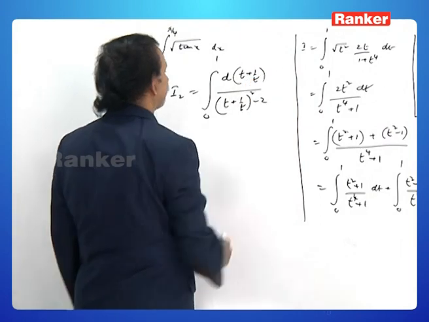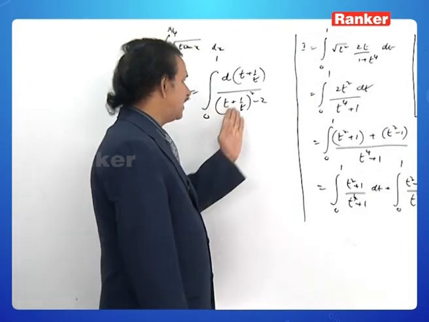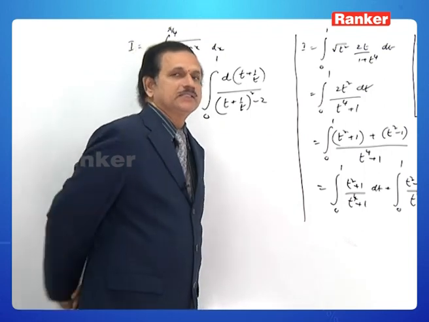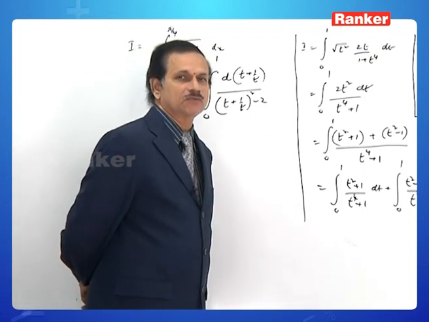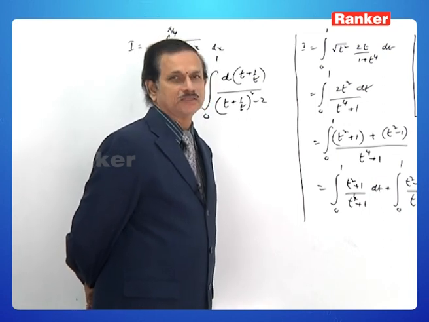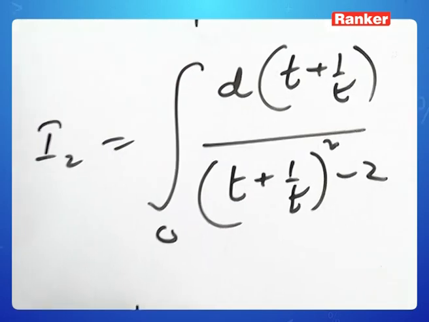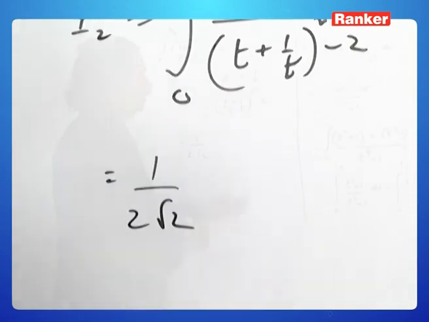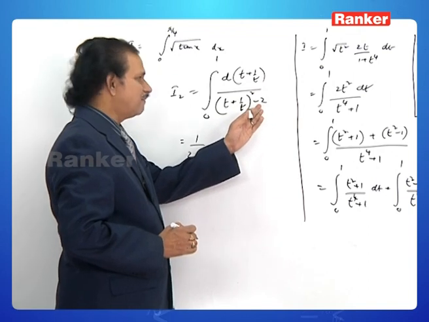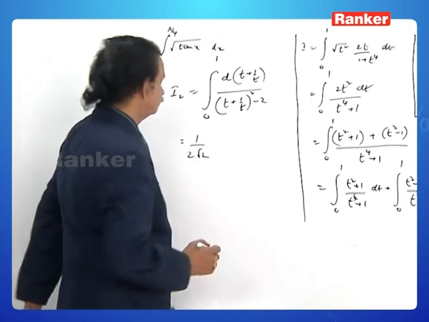We can easily see that this looks like 1 by x square minus a square. What is the integral of 1 by x square minus a square? 1 by 2a log mod x minus a by x plus a. According to that, this is 1 by 2 root 2. In the place of a square, we are having 2, isn't it? So, in the place of a, we should have root 2.